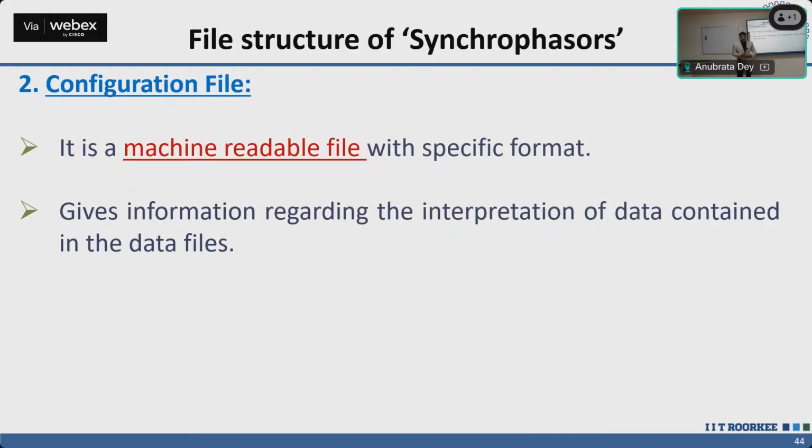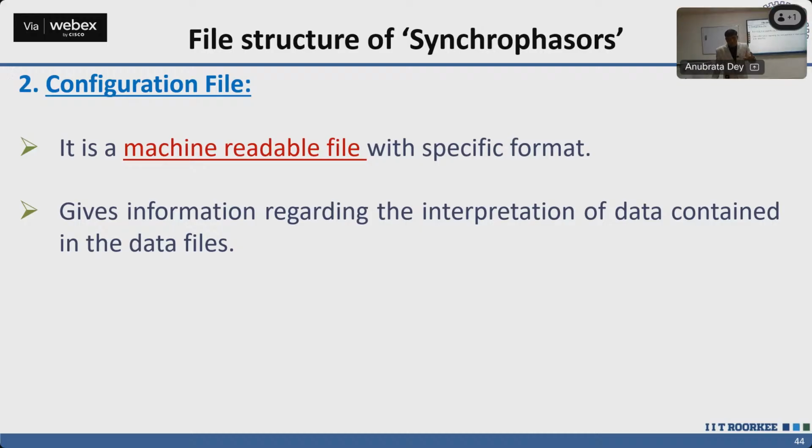The second file is the configuration file. It is a machine readable file with a specific format. Which format? Again SCL, as Professor Sidhu told yesterday in IEC 61850. So this gives information related to the interpretation of data contained in the files. What is the data? What is the time stamping?